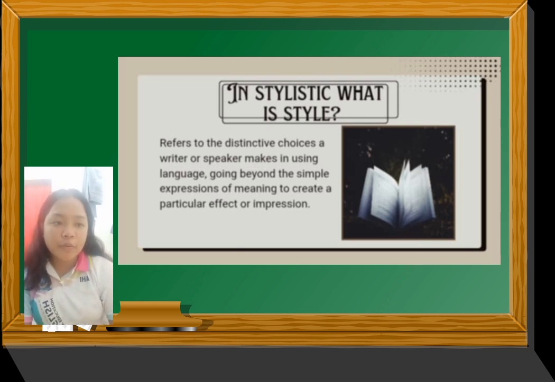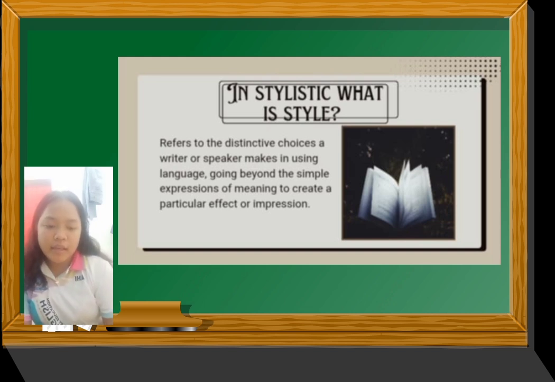Instead of saying the storm is powerful, they use another distinctive choice of words, because distinctive choices of words are words that stand out from others due to their unique and memorable qualities. So instead of saying the storm was too powerful, you can say the storm was a beast roaring and tearing at the window.